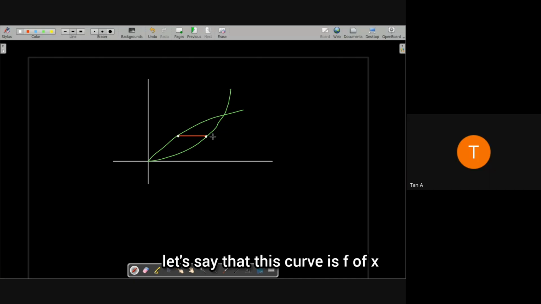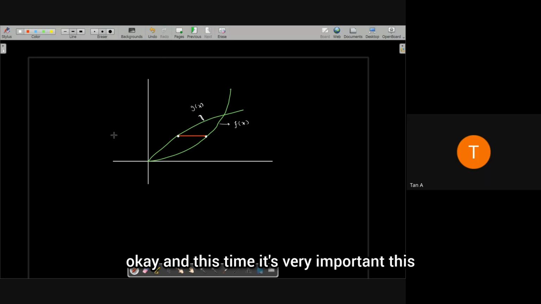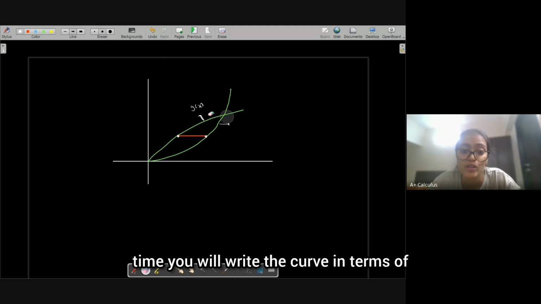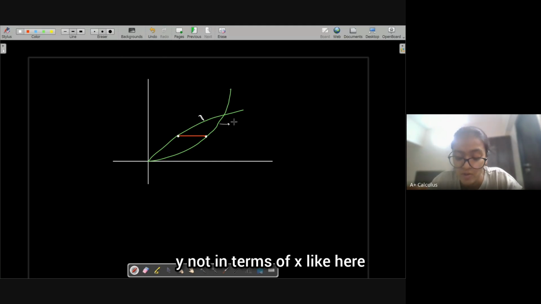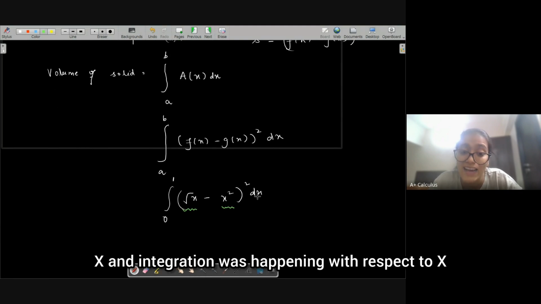Let's say that this curve is f of x and this curve is g of x. And this time it's very important: you will write the curve in terms of y, not in terms of x. Like here, we wrote the curve in terms of x, and integration was happening with respect to x.